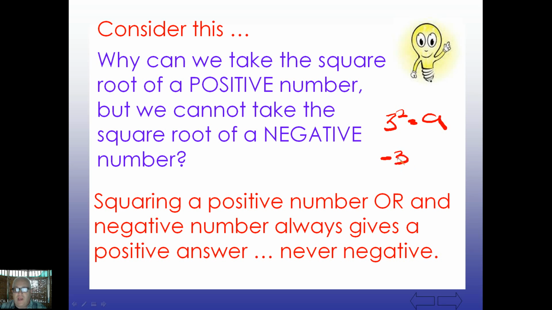But what is -3 squared? Well, -3 times -3 is still positive 9. I never get a negative result here. So whenever you square a non-zero number, you're going to end up with a positive value. The only exception is, of course, 0 squared is still 0, which is not positive, but it's not negative either. Okay? All right, very good.